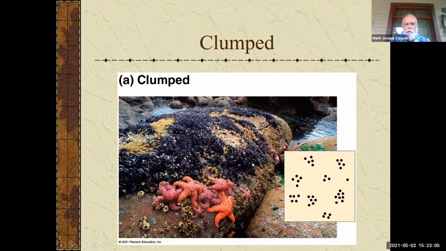And these are all California mussels. So these guys are grouped together, and they're grouped together typically because of some limited resource, either light or water or food or something to that effect.